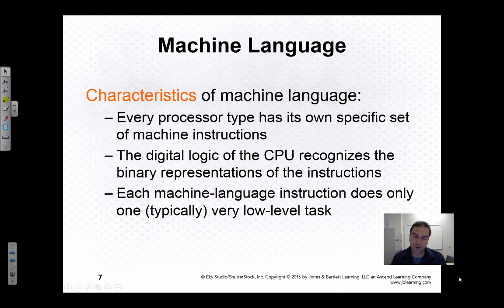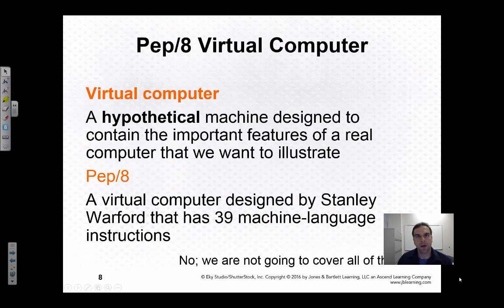Each machine language instruction generally does typically one very low level task. There is a cost for complexity in the CPU, so we try to keep things simple. We try to keep these instructions simple, and we are able to accomplish complicated things using a lot of simple instructions, but our fundamental building blocks are small.